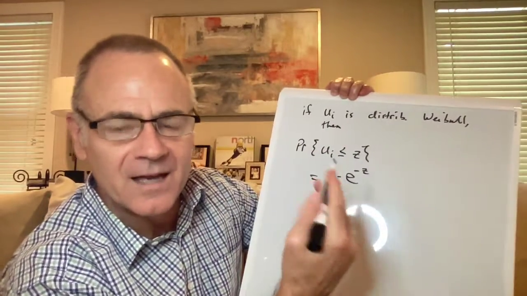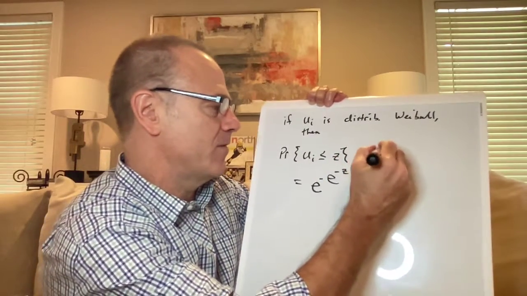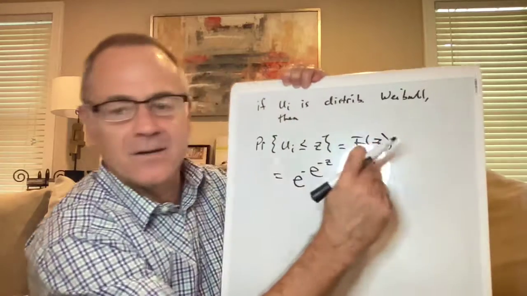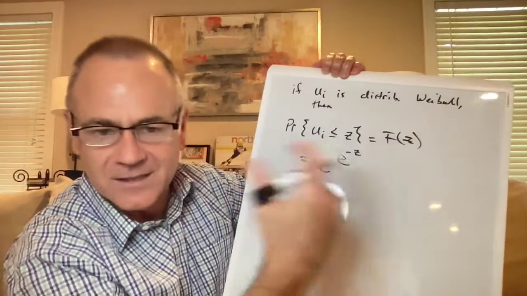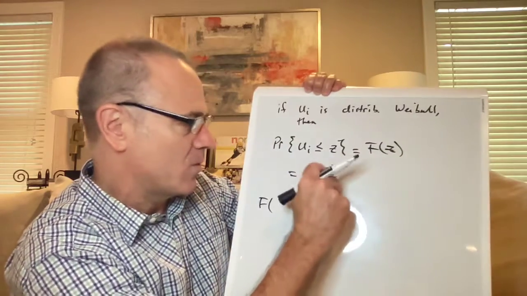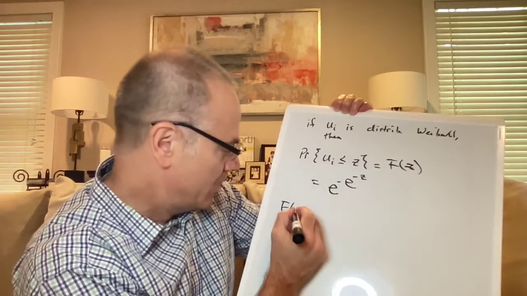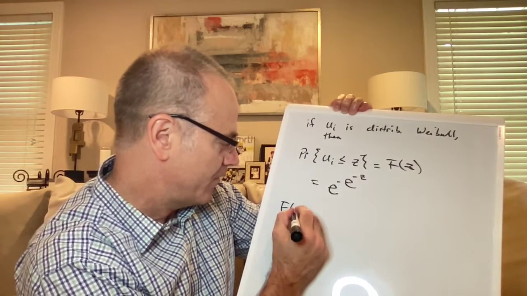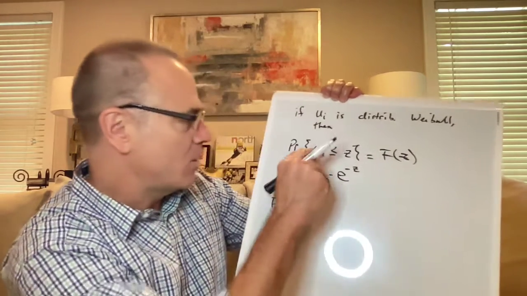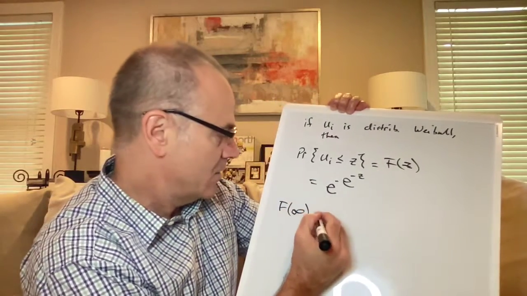To remember that, you might check it. This is called F of z, usually a capital F as a CDF. Sometimes I can't remember where the negative signs go. Here's a way to check. We know that F of infinity, the probability U_i is less than infinity, has got to equal 1. So let's check.